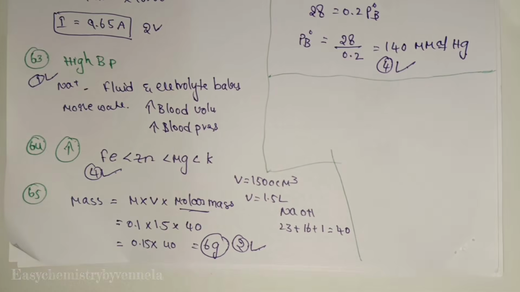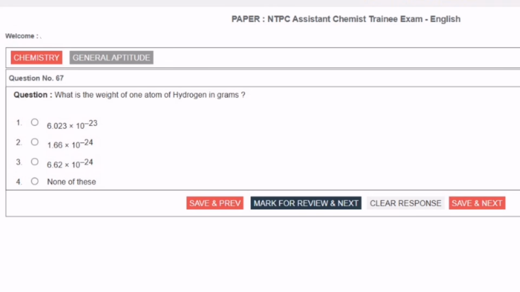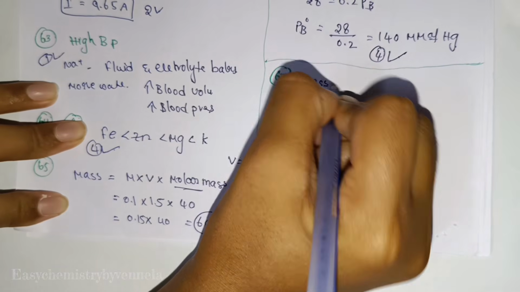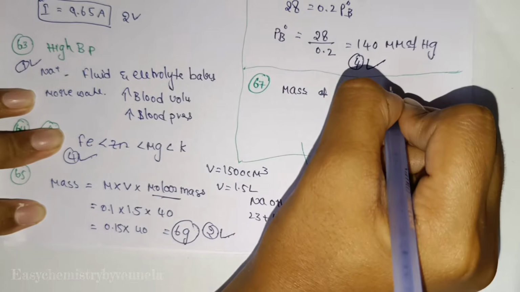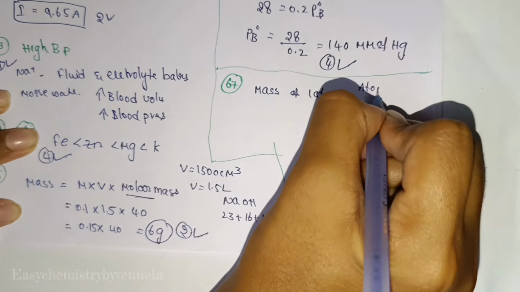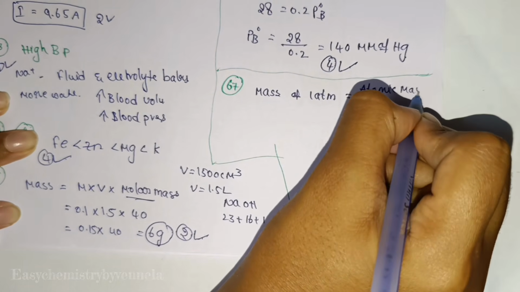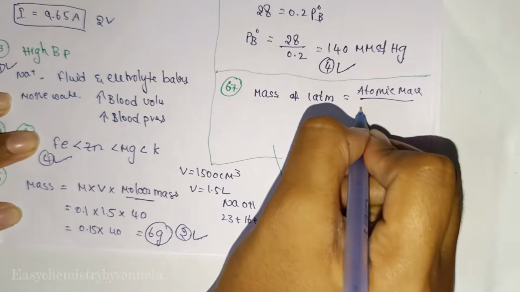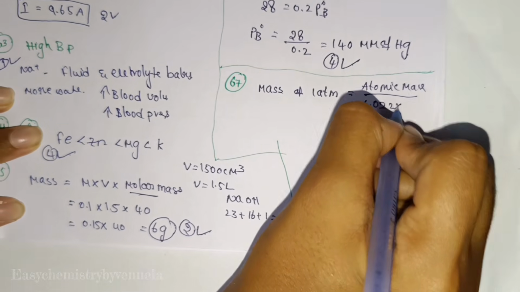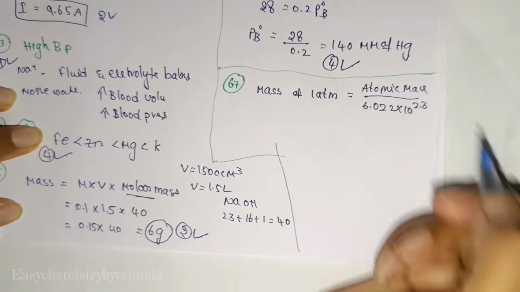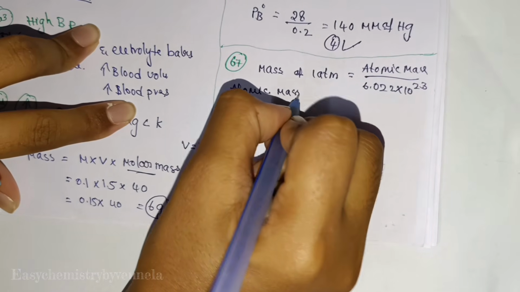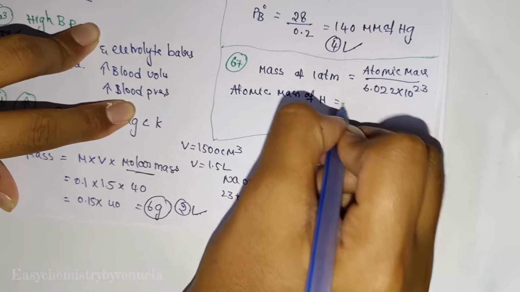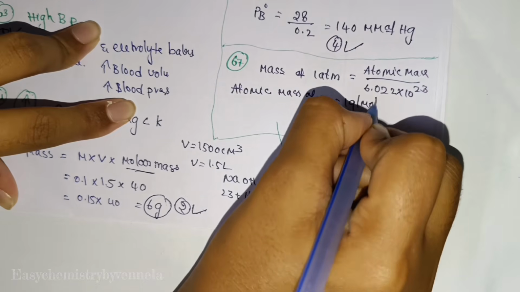The next question: what is the weight of one atom of hydrogen in grams? Mass of one atom is equal to atomic mass by Avogadro number. Atomic mass of hydrogen is 1 gram per mole.